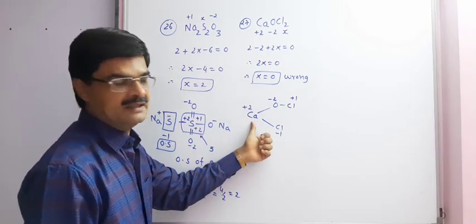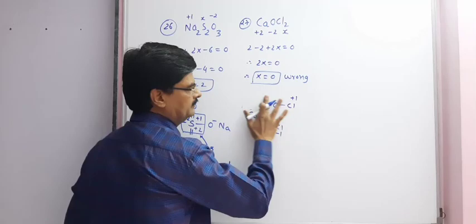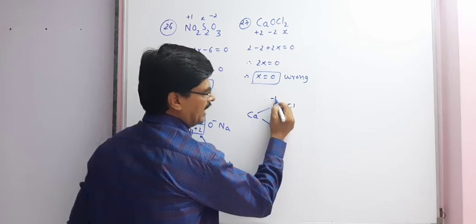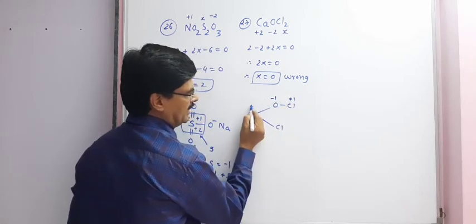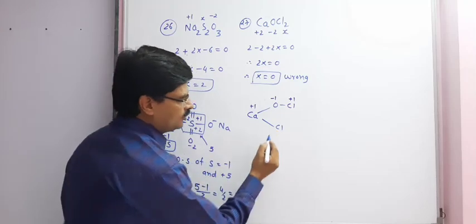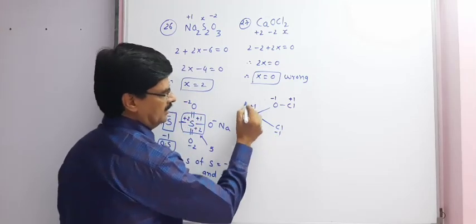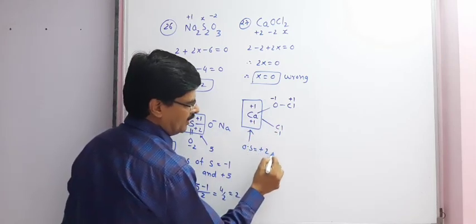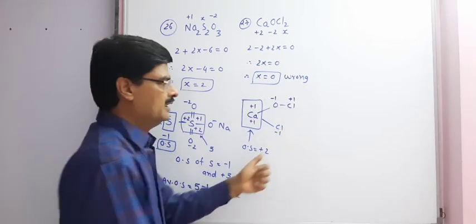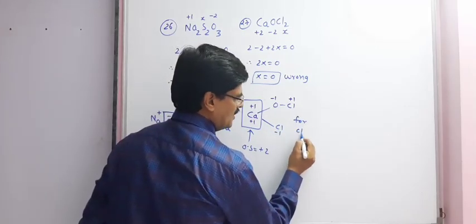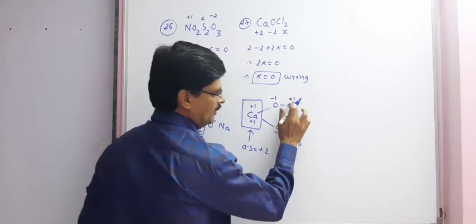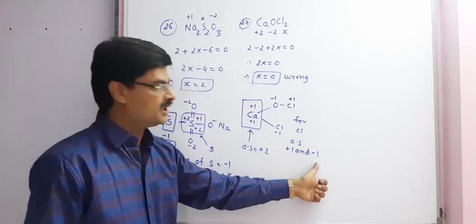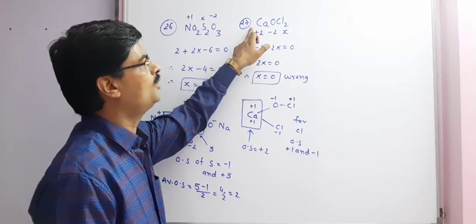Again, how to understand this? In the O and Cl bond, for oxygen it is -1, so it is +1. So this will get +1. For this chlorine also it is -1, so this will get +1. So for calcium, the oxidation state is equal to +2, but for chlorine it will be +1 and -1. So this is the oxidation state of chlorine in the case of CaOCl2.